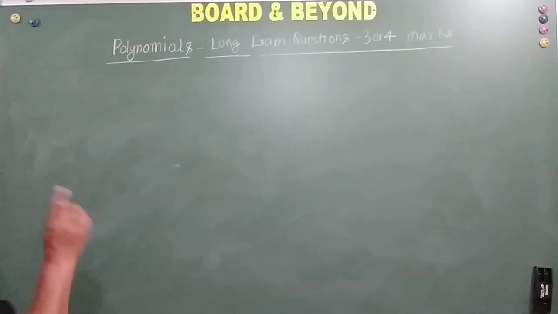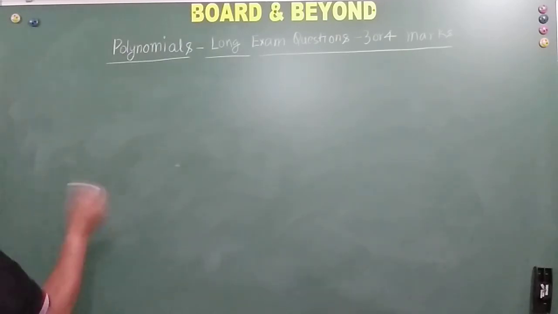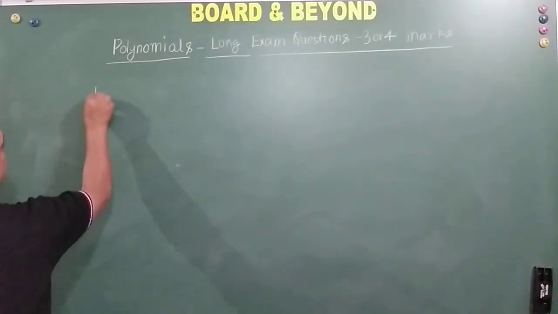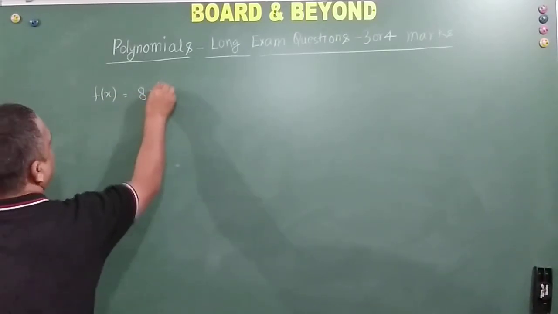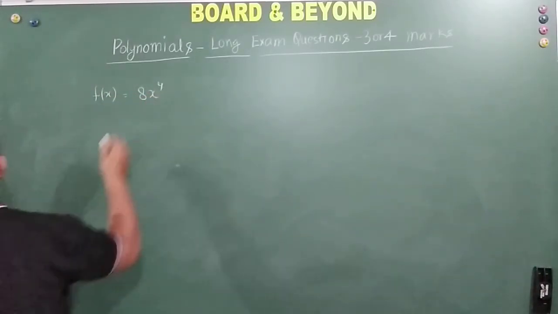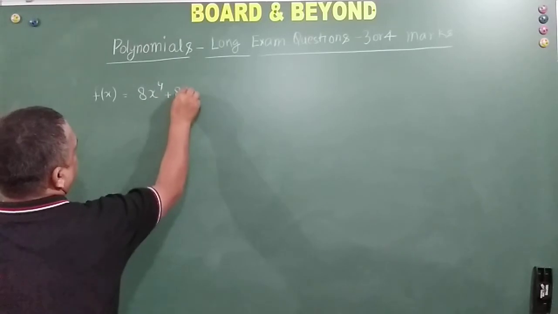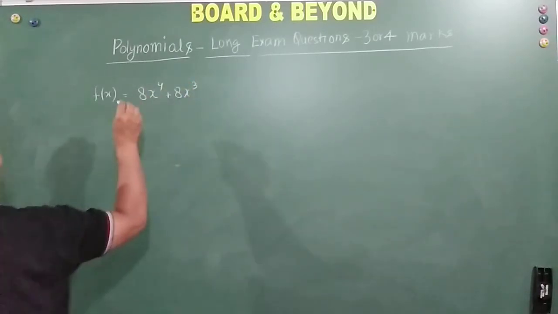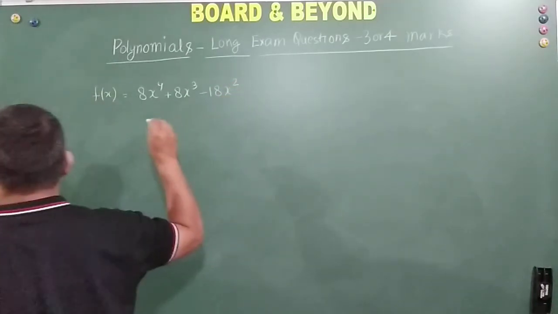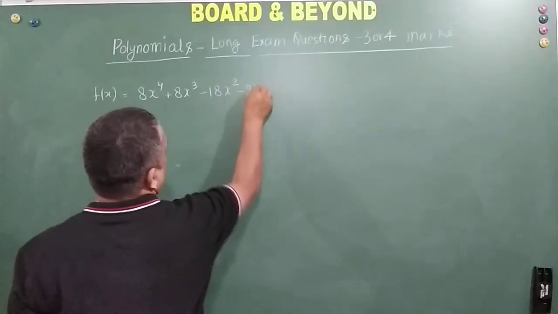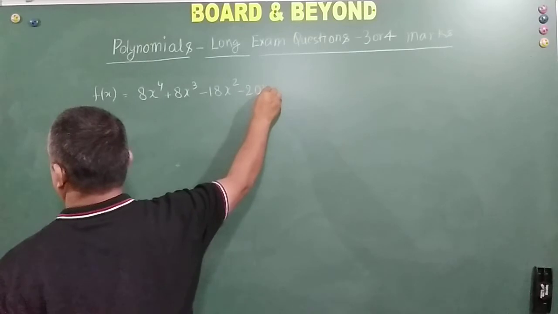Okay. Find all the zeros of a polynomial. This is a little tricky, so let me handle it here on the board. F of x is equal to 8x power 4 plus 8x cube minus 18x square minus 20x and then minus 5.